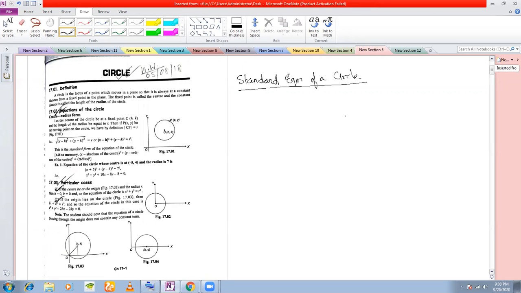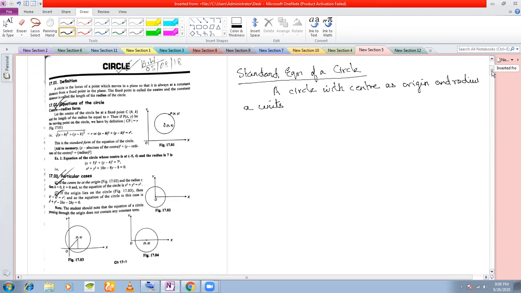Now this is a circle with center as origin and radius a units. A circle with center as origin and radius a units.